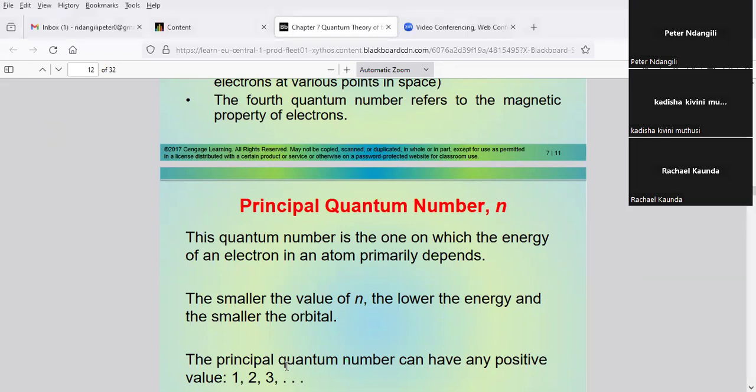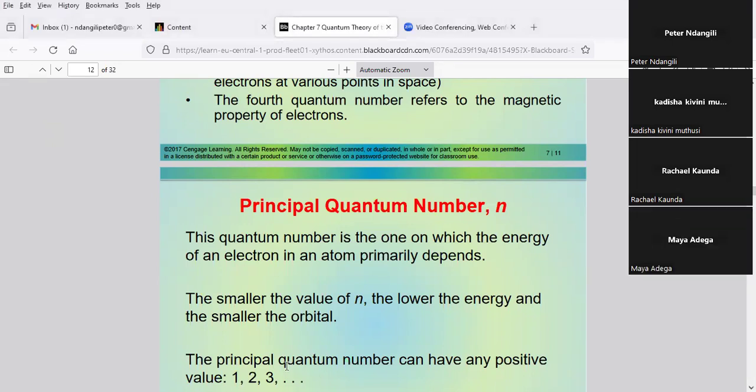We also said that the farther an energy level is from the nucleus, the higher its energy content. It is the same thing we are saying here: the smaller the value of n, the lower the energy and the smaller the orbital, meaning that for the first energy level, when n is equal to 1, the energy of that orbital is low.